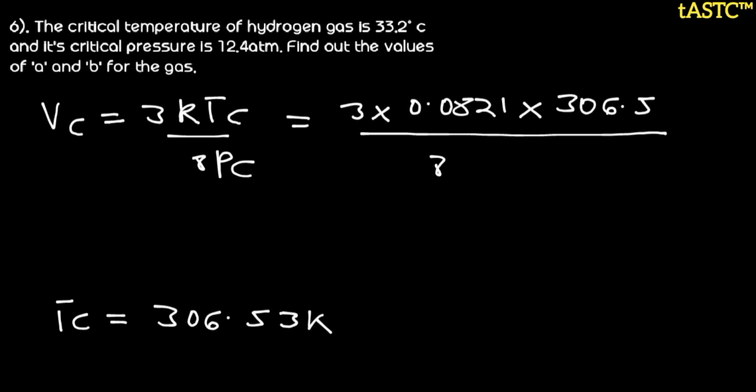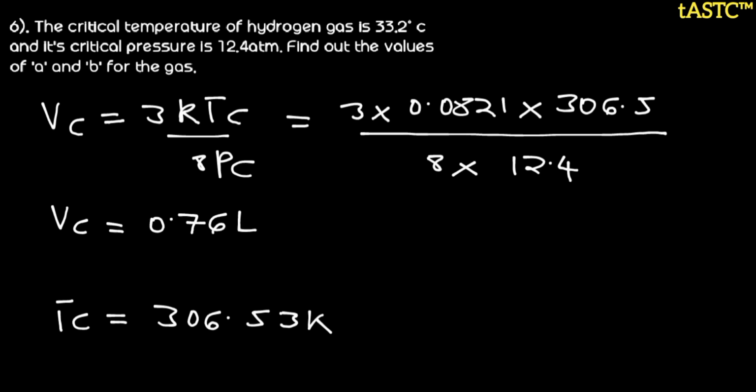This is divided by 8 multiplied by P sub C, that is 12.4. So let us see what that is going to give. This is 3 multiplied by 0.0821 multiplied by 306.5, divided by 8 multiplied by 12.4. So that gives us 0.76. So V sub C in this case is 0.76 liters.